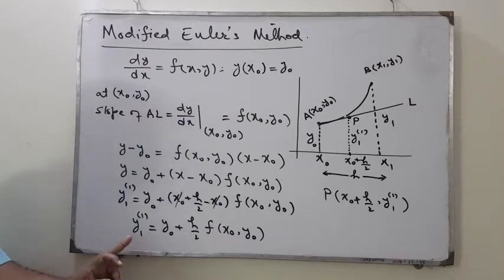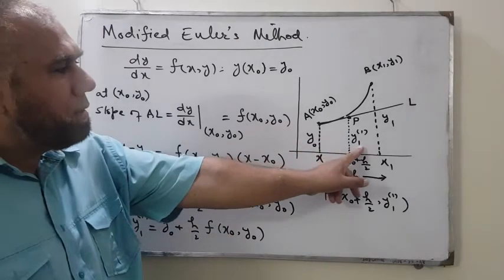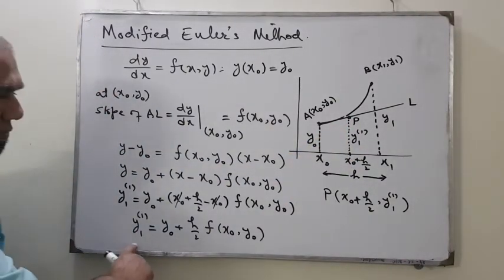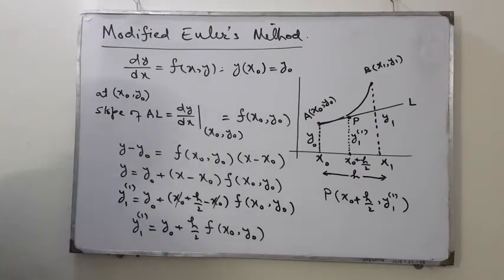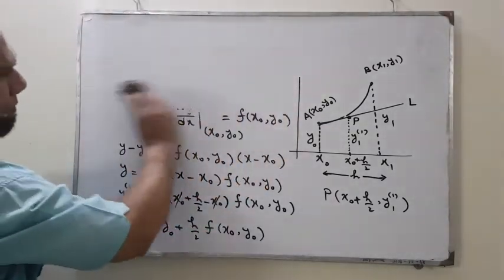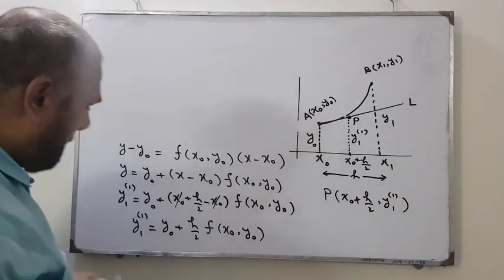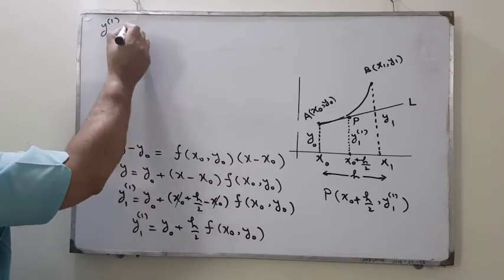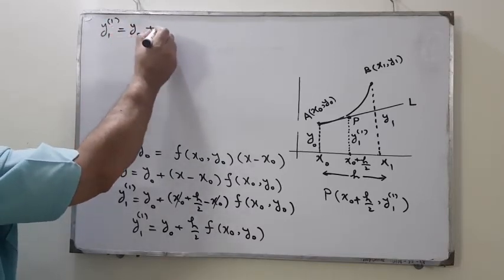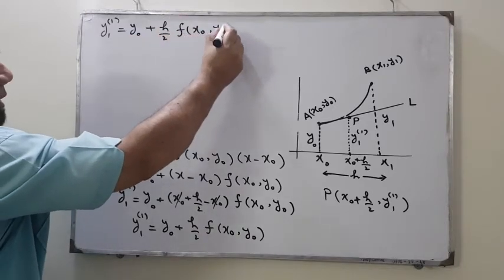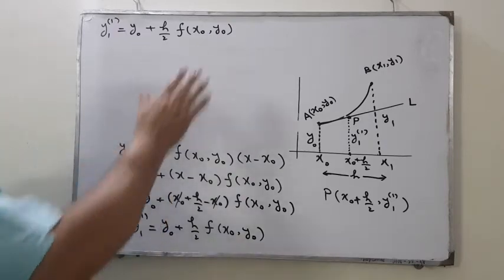This is the value of y11 at this place of the tangent line. I have to use this equation in the derivation of the modified Euler's formula, so I write it here separately.